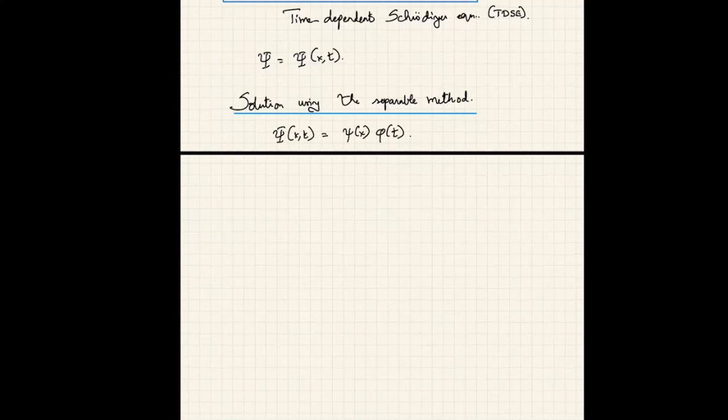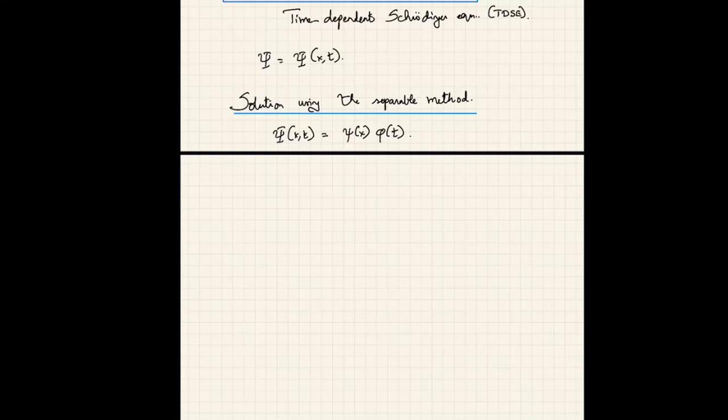Okay, so the left-hand side is capital psi and the right-hand side is small psi. Now, what gives me the right to do this? What gives me the right to do this is the fact that we are dealing with a linear second order differential equation. So suppose you have two solutions, any linear combination of the two solutions is also a solution.